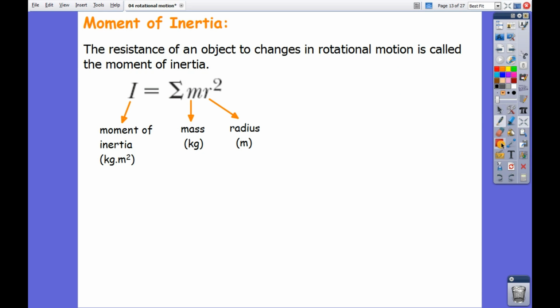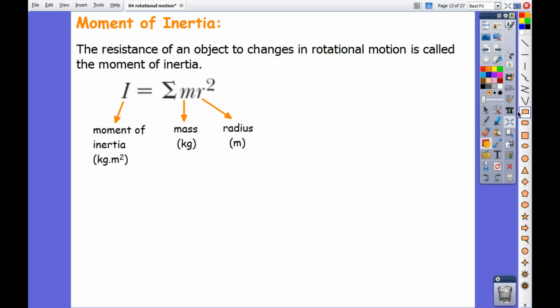I'm going to ask you to follow my thought experiment here. For example, I have two beams or rods, and I put a weight at the end of each rod.